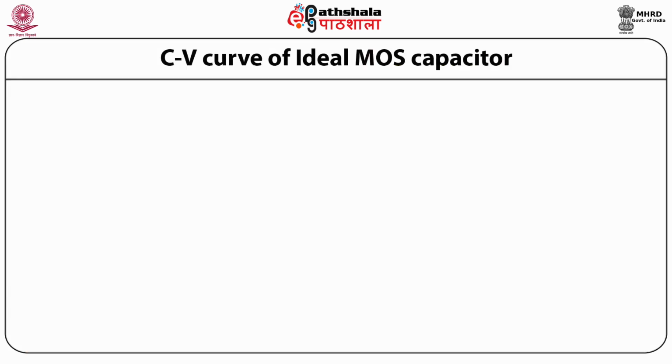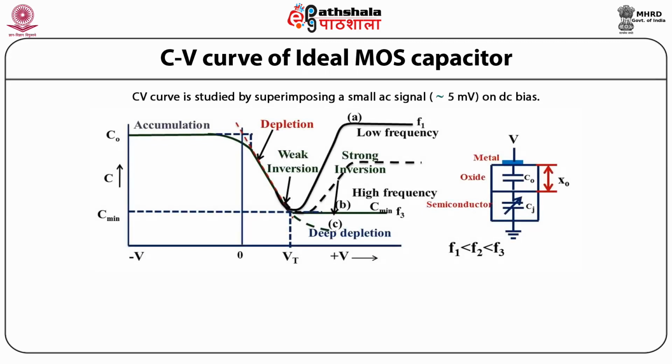So students, let us now discuss the CV curve of an ideal MOS capacitor. The CV curve, that is the capacitance versus voltage curve, is measured by superimposing a small AC signal, approximately 5 millivolt, on a DC bias. This figure shows the CV curve of an ideal MOS capacitor.